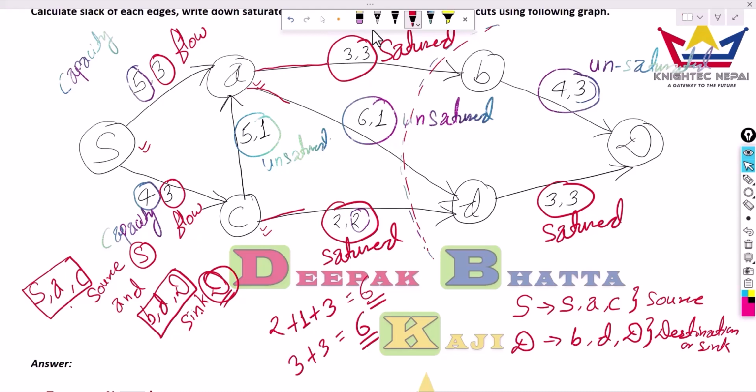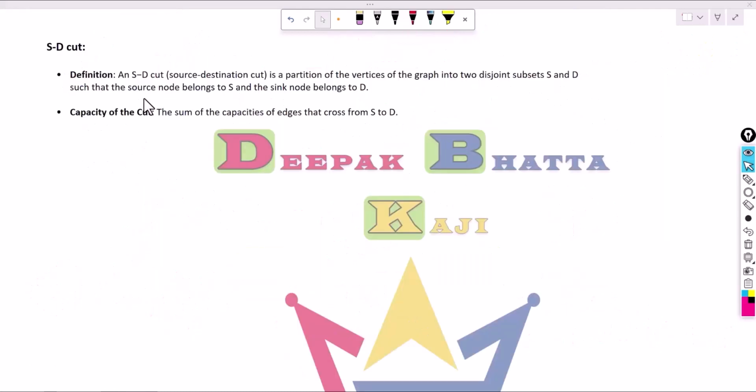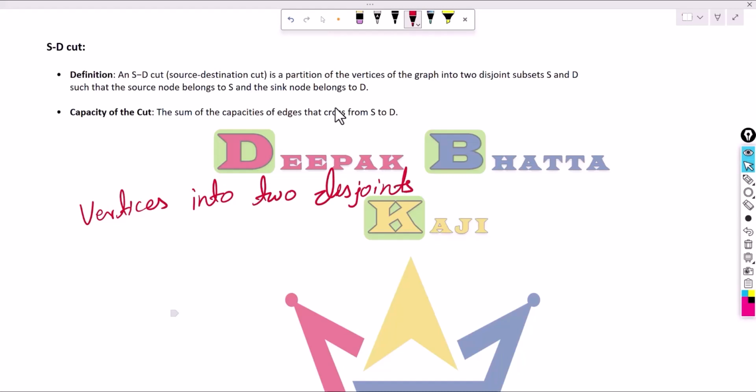So this 6 will be our cut value S to D, as we have discussed earlier. So you can write the definition of an S to D cut: vertices into two disjoint groups.